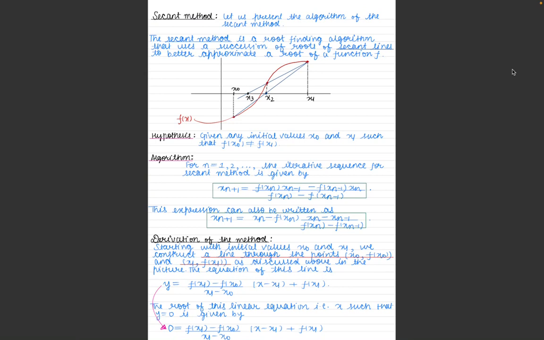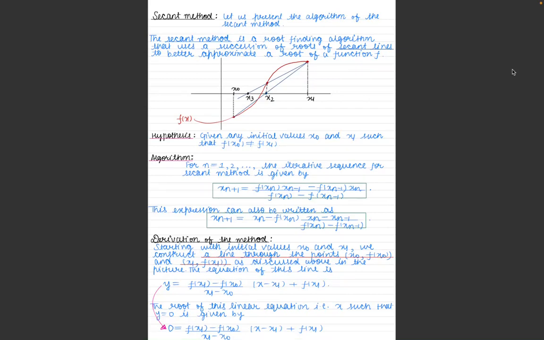Okay. So the secant method works with the existence of two initial guesses. We have to guess two initial values x naught and x1, such that f of x naught is not equal to f of x1. Geometrically, we have already seen how we do the method.